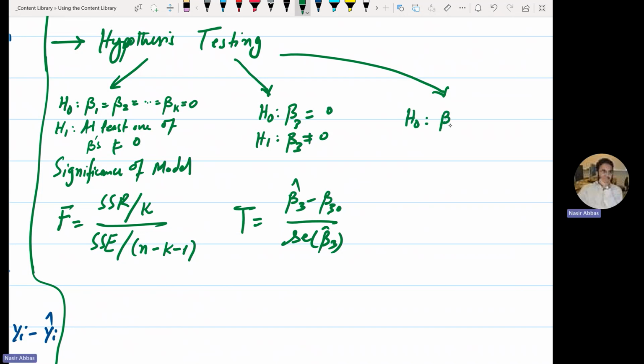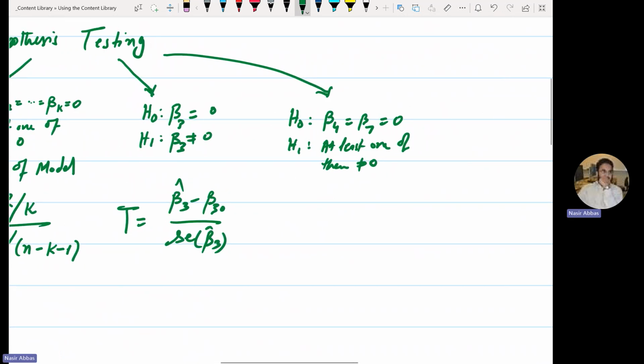For example, beta 4 and beta 7 are 0 against H1, that at least one of them is not 0. Either beta 4 is not 0, or beta 7 is not 0, or both are not 0. For this one, we have a partial F test, not full F test. We call it partial F test.